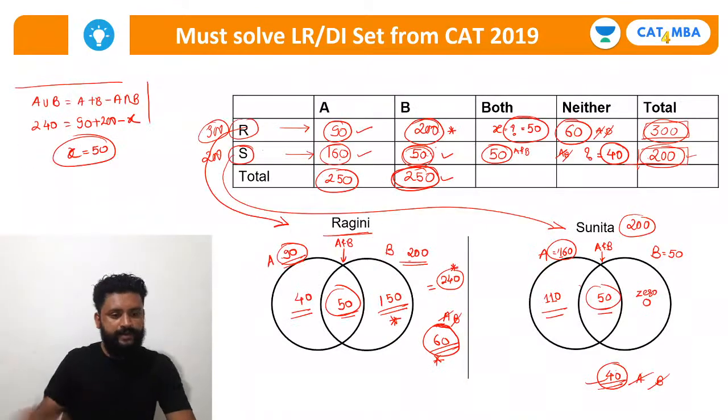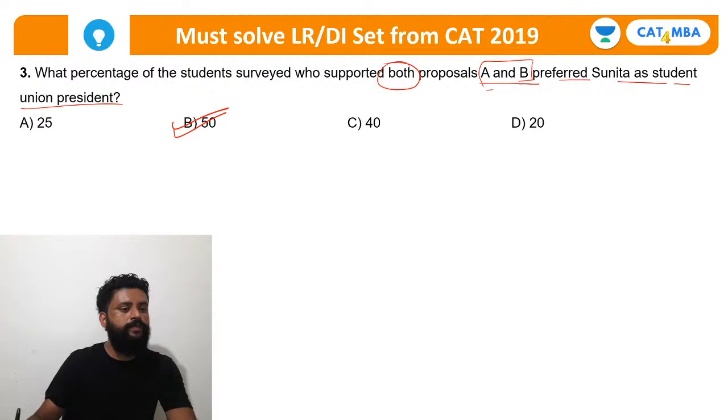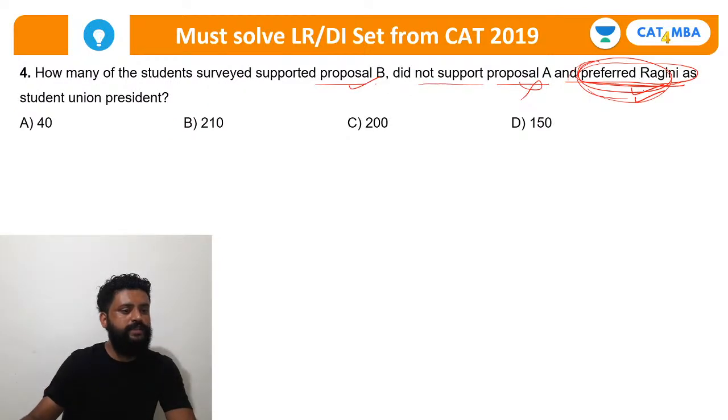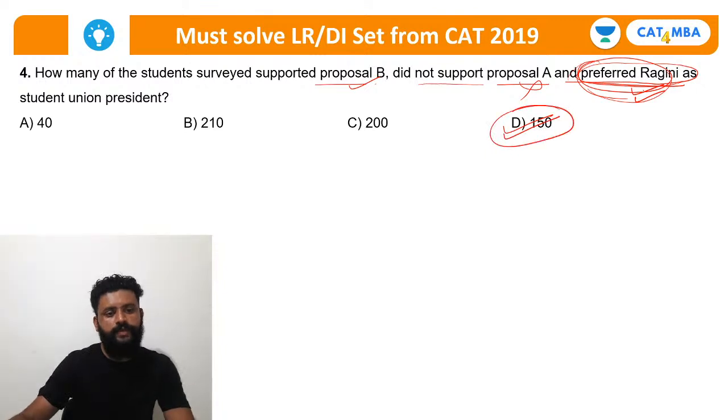So if you look at this, रागिनी को सपोर्ट करने वाले इतने हैं, B को सपोर्ट करते हैं बट A को नहीं करते हैं. So what will be the answer? It should be 150, right Nicole? It's a very straightforward question. इंफॉर्मेशन अगर निकाला है तो सीधे सीधे आंसर आ जाएगा, it's 150.